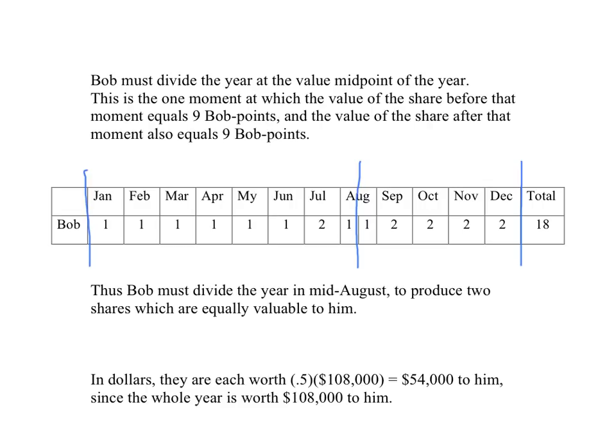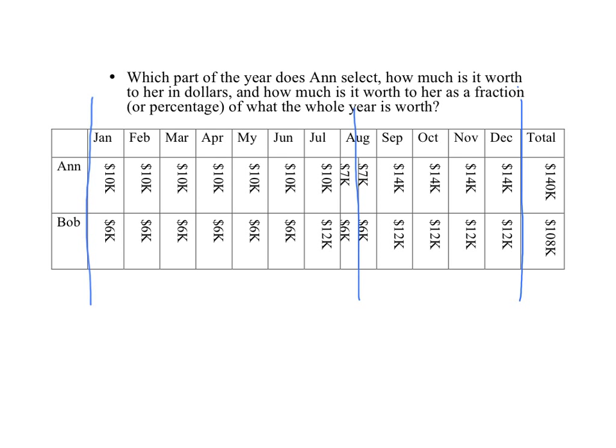We can convert that back to dollars and see that it works out, that mid-August is indeed the point at which he'll have a $54,000 share in the first part of the year and a $54,000 share in the second part of the year. Bob has done his part as the divider, and now it's Ann's turn. She has to pick which part of the year to select.